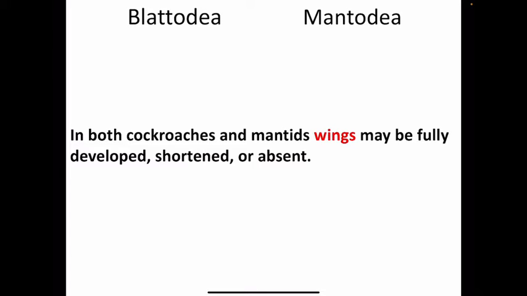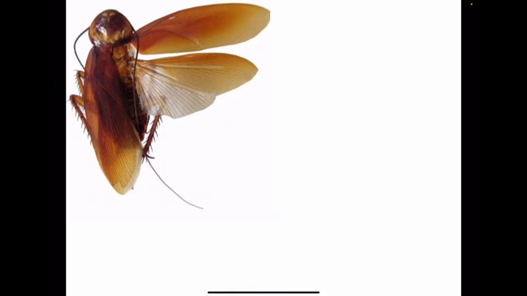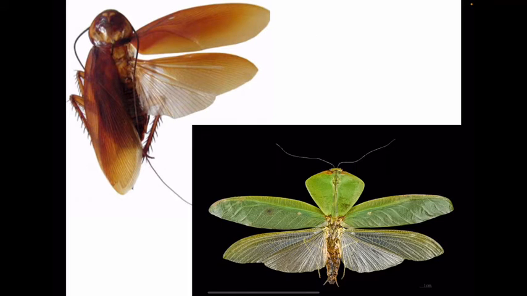Then coming to the wings, in both cockroaches and mantids, wings may be fully developed, or macropterous forms are there, sometimes shortened, or brachypterous, and apterous forms are also there. When wings are fully developed, the forewing is a bit hard, tegmina type, and usually the hind wings are membranous, but different types of modifications are there within the order.